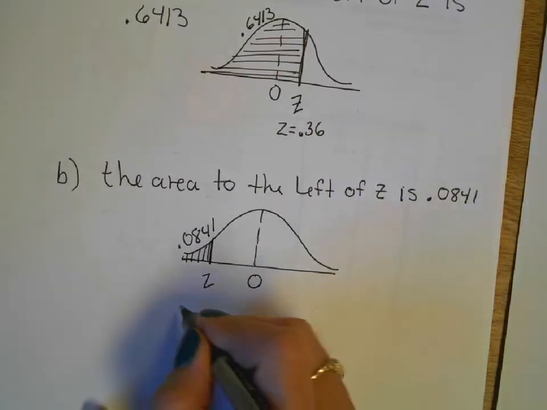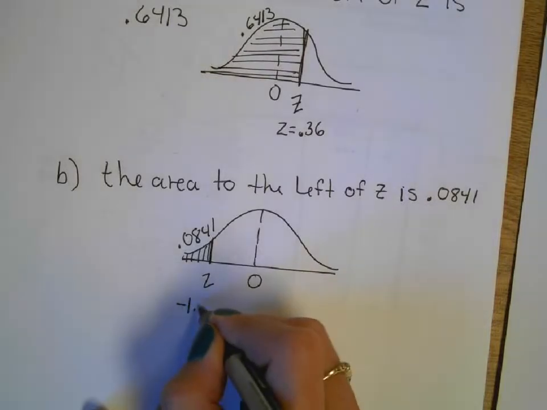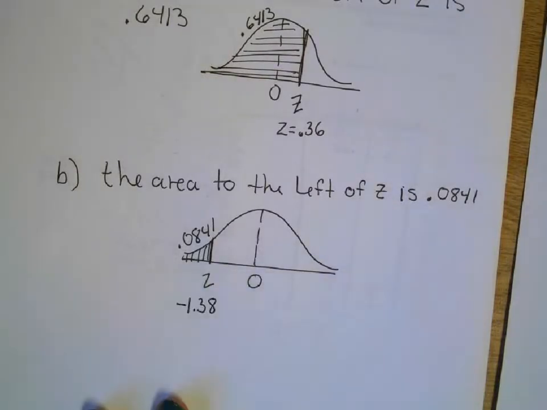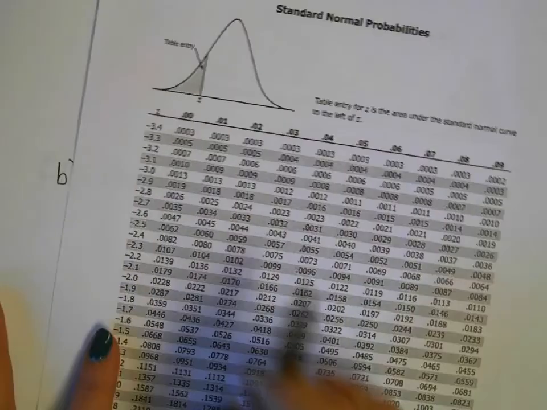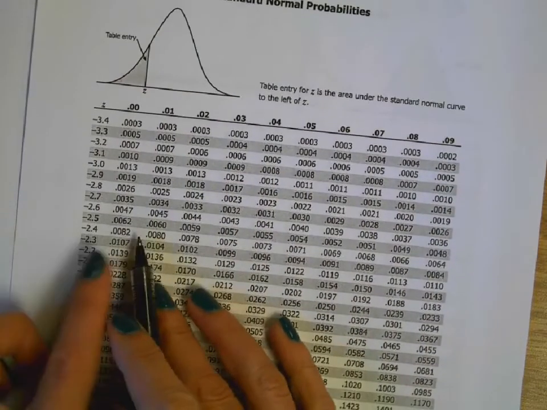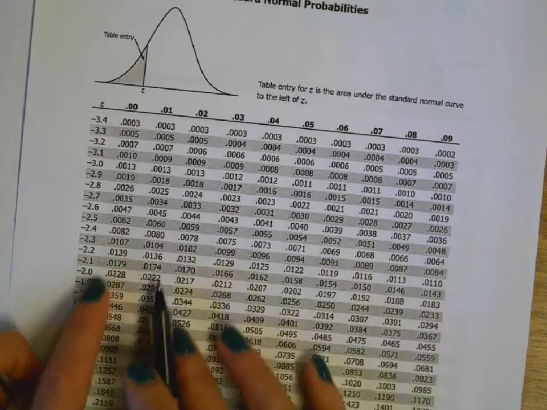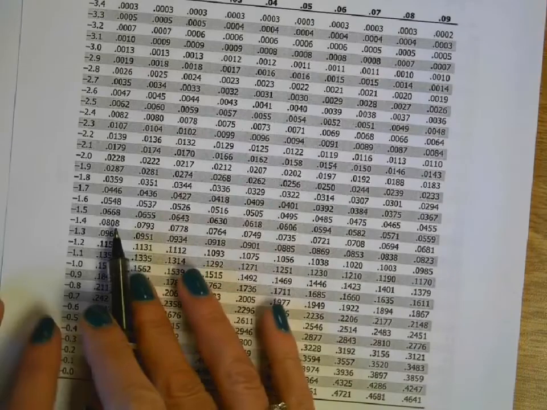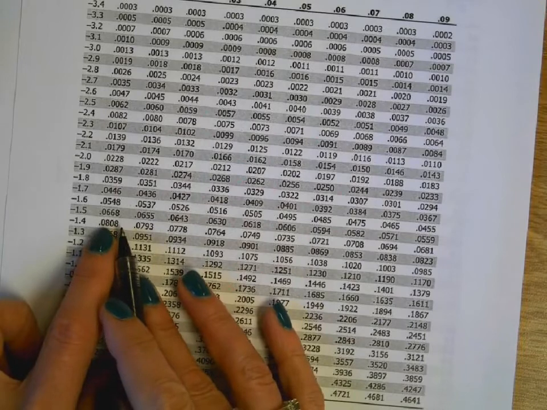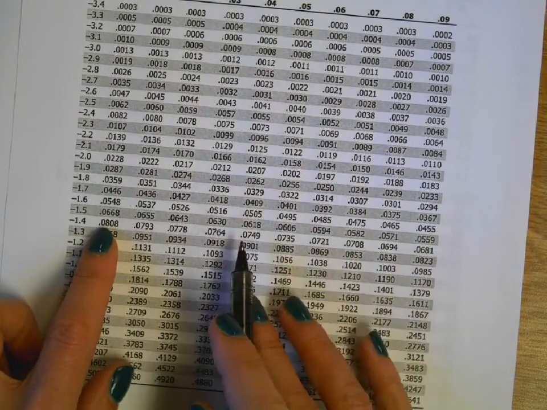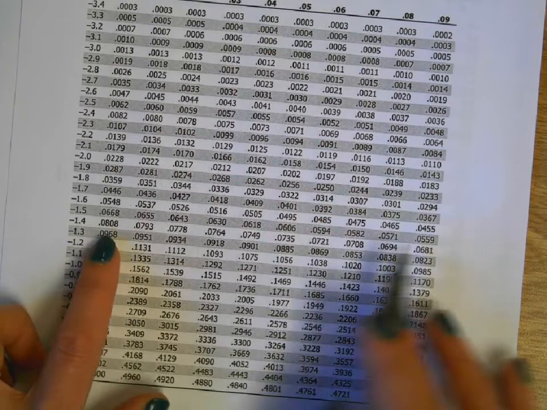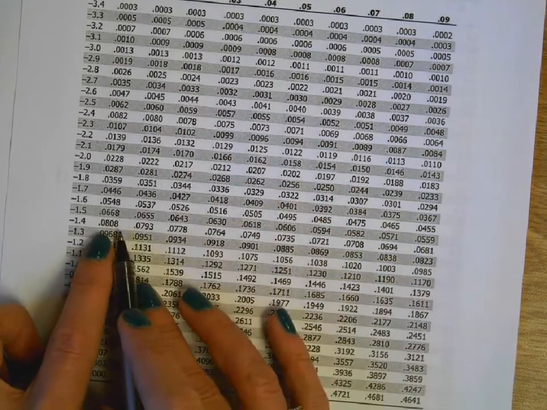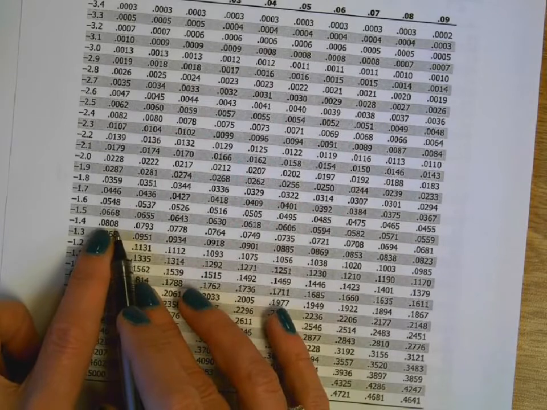I'm hearing negative 1.38. Let's take a look. 0.0841. Where am I at? I have to go back.